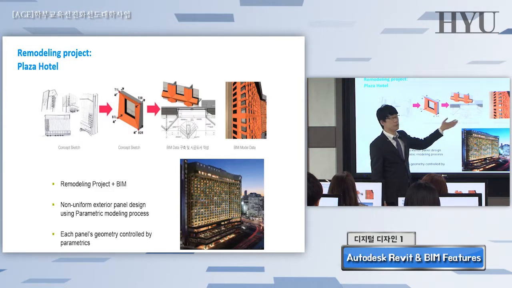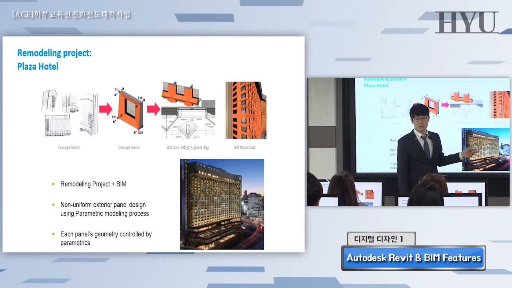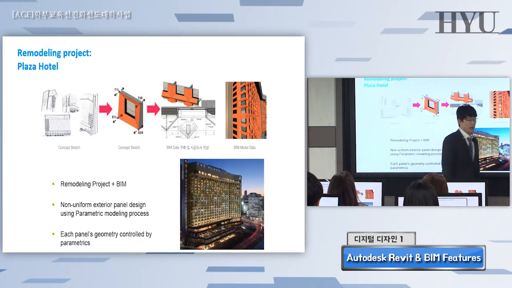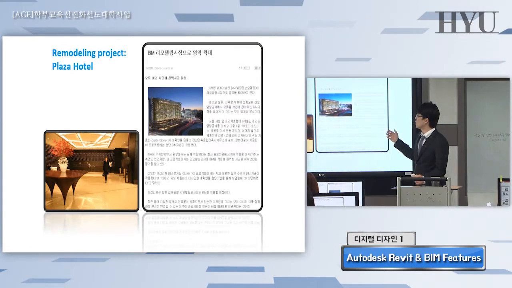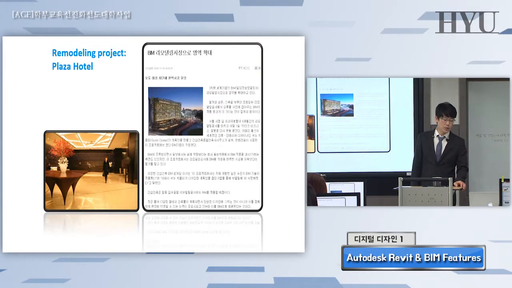Even then, probably a lot of mistakes would be found, because of different geometry, different dimensions, different thickness. So this was a remodel project, supported by BIM technologies such as Revit.